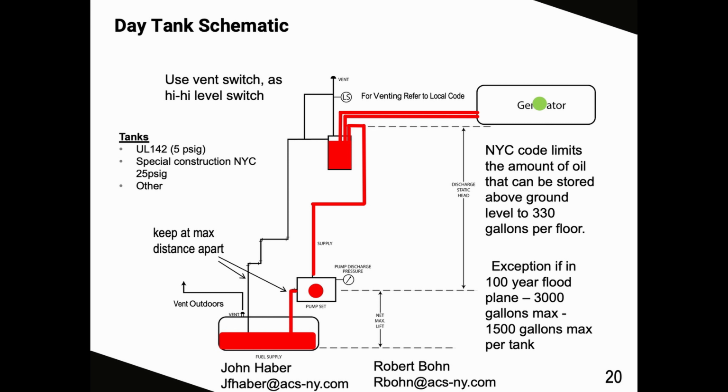This higher pressure rated tank must be used for installations with vent lines above 12 feet vertical or over 20 feet horizontal. So there's some difficulty in selecting the day tank and meeting the pressure requirement for the job, which is based on the back pressure from the run of the vent line.